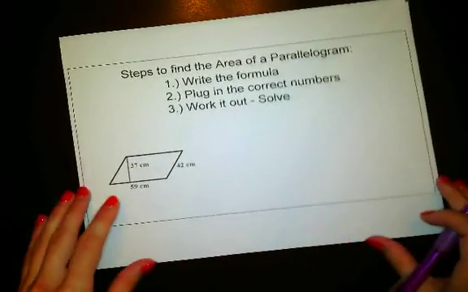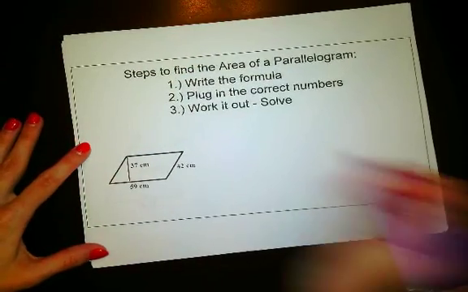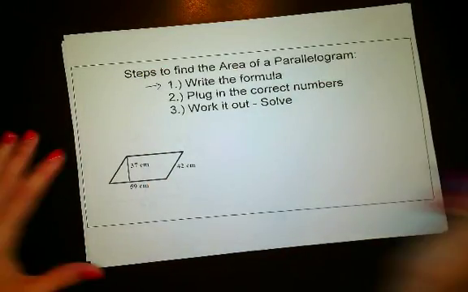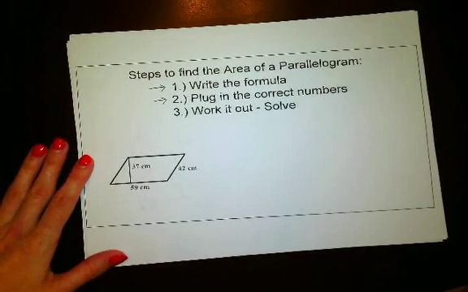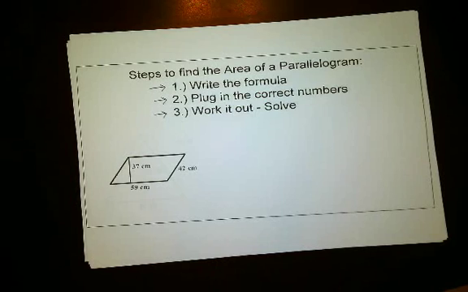So these are the steps that I want you to write down in your spiral. Step 1, you're going to write down the formula. Step 2, you're going to plug in the correct numbers. And step 3, you're going to work it out and solve it. So I'm going to give you about 20 seconds to write down your steps.